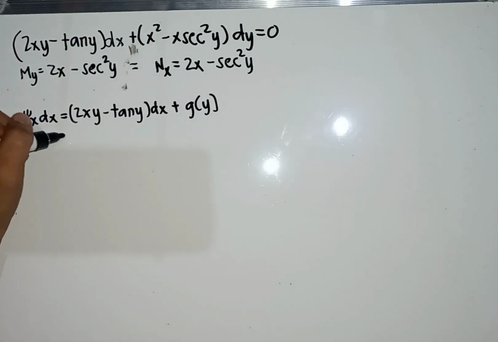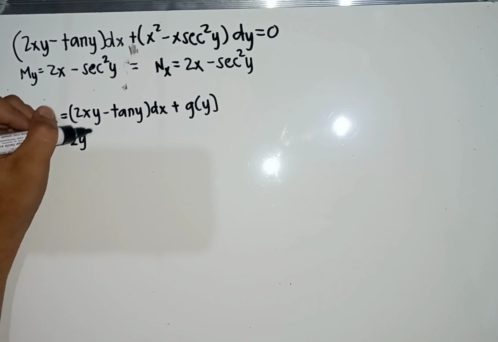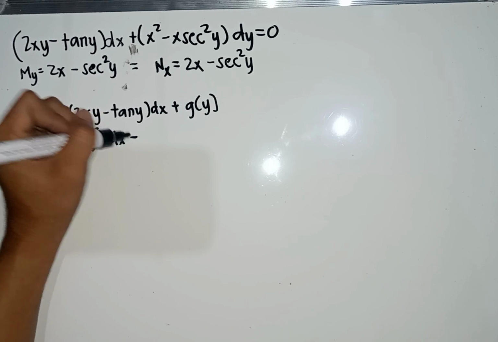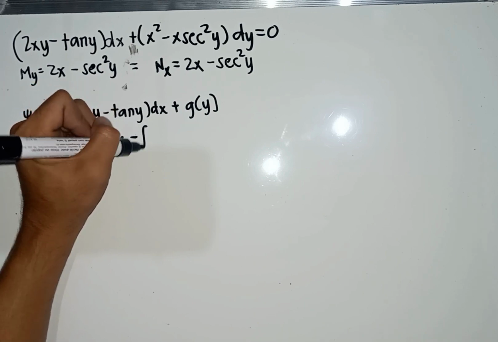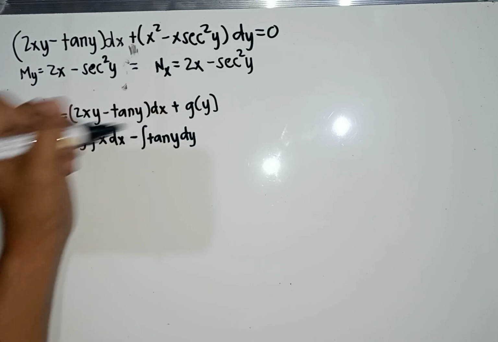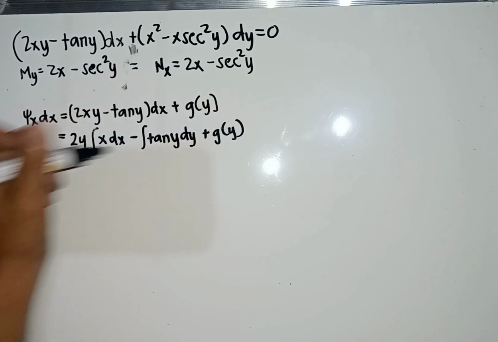So we're gonna integrate these terms. 2y integral of x dx minus integral of tangent y dx, sorry, this must be dx, plus g of y.